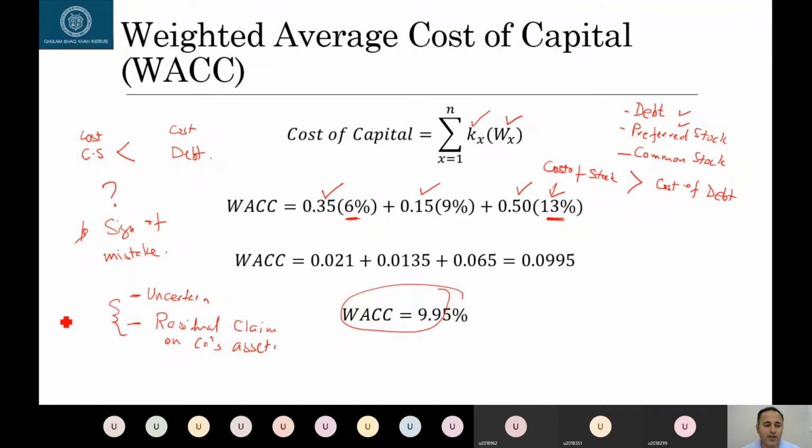If you combine those points, it makes this component more risky compared to debt. So that is something you should take away from this slide: the cost of stock ideally should be more than the cost of debt. If it's otherwise, you made a mistake.